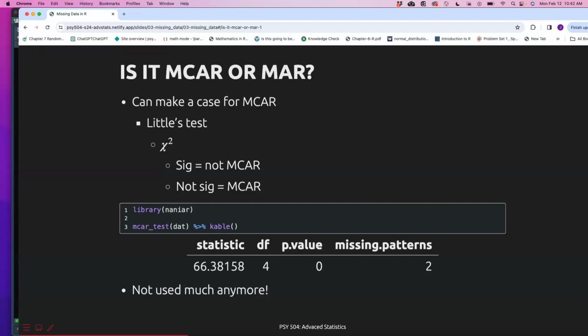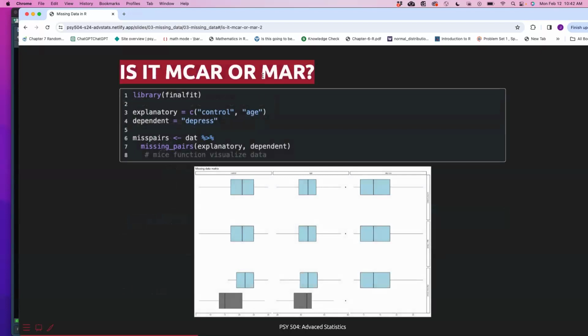We shouldn't be trying to test for MCAR. Instead, we should be trying to make the case for MAR, or missing at random. So that's what our job is going to be, to try to determine that our data is missing at random. And there's a couple ways we can do this.